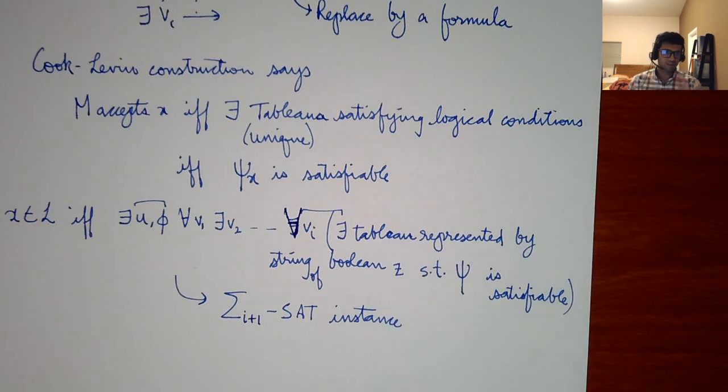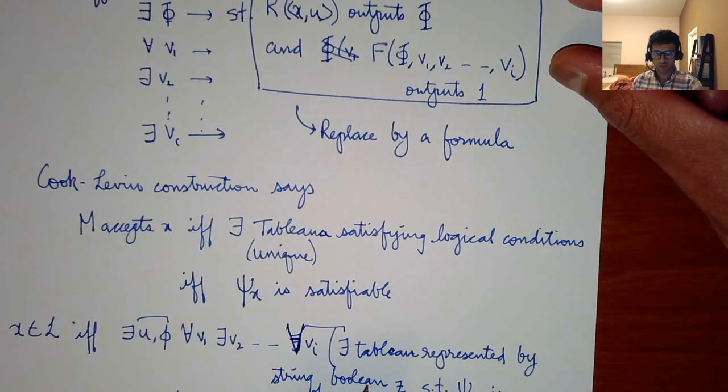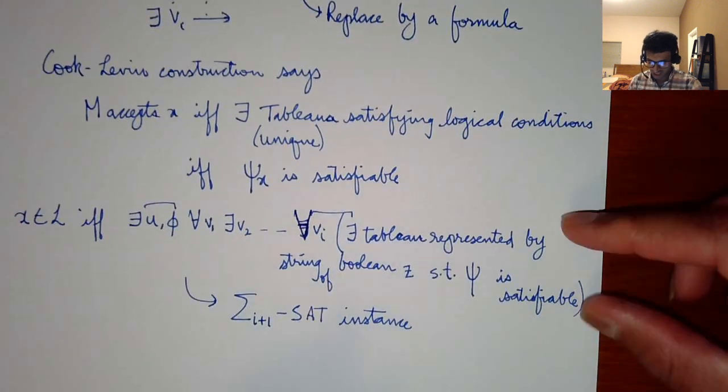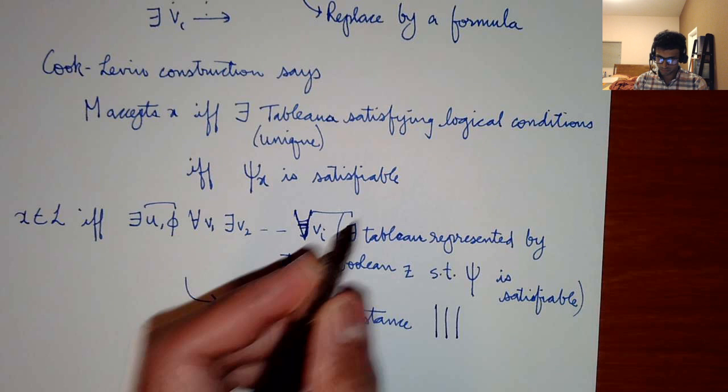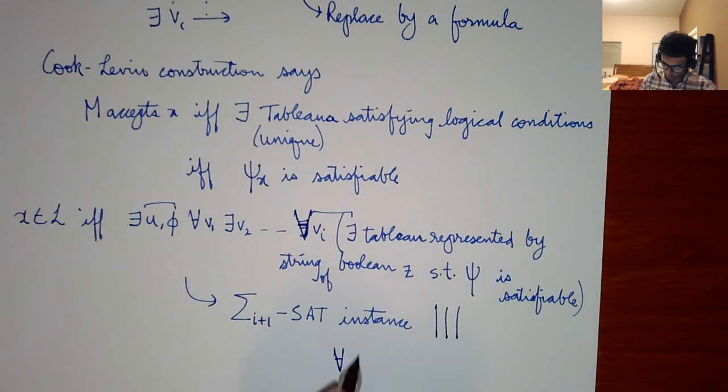Now I'm going to say something. Essentially, because this is a deterministic Turing machine, there's only one tableau that satisfies all the conditions. It's deterministic. So you can write this part equivalently as saying for all tableaus, if tableau is valid, then output is 1.